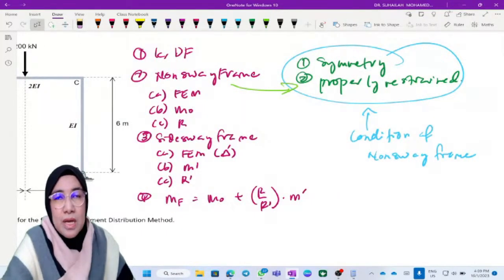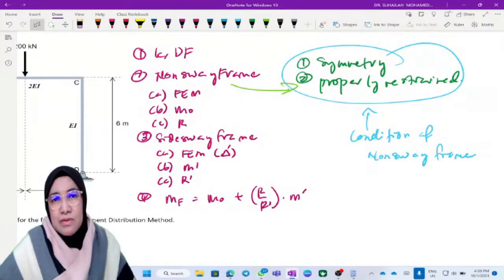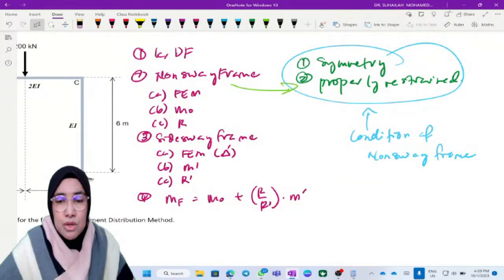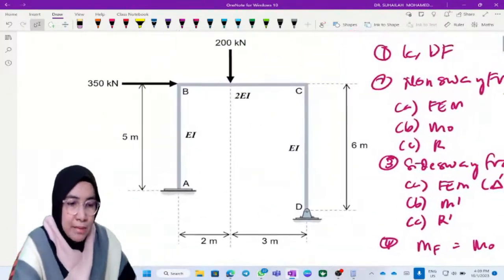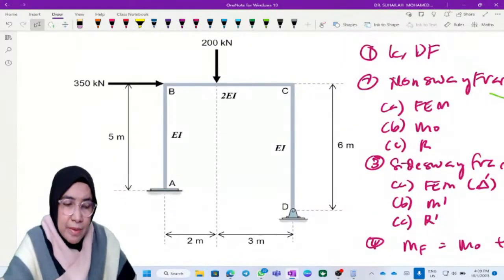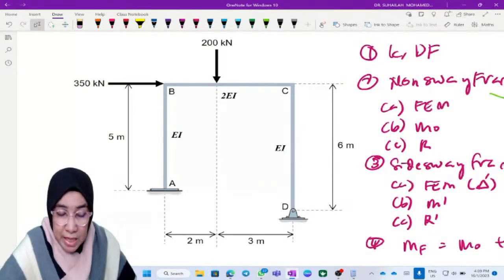So we have to make the original frame a fully restrained frame in order to remove delta from the original frame, because in actual, due to loading, this is not a symmetric frame. Due to loading it is unsymmetrical, and due to geometry also unsymmetrical.